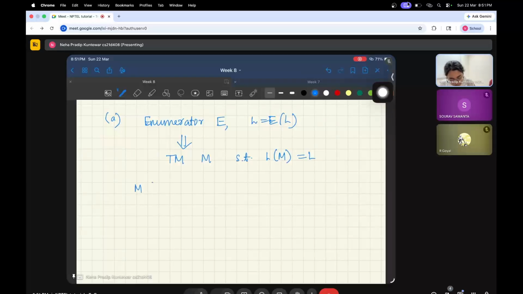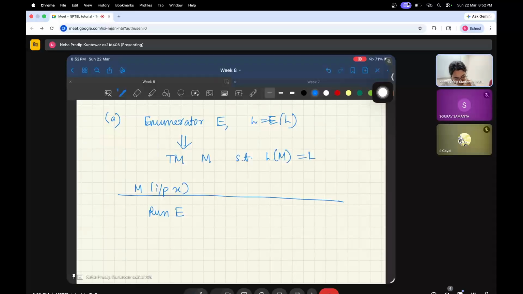M on input X is going to run E. You can't run E on X because E does not take any input, it just keeps printing strings.